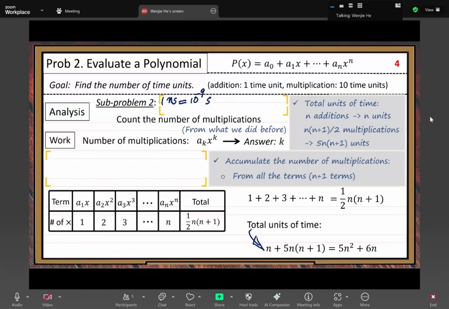Here, let me mention our first programming project. We will work on this problem. We need to do experiments calculating given polynomials using 3 algorithms. The first one is the brute force algorithm, this one.